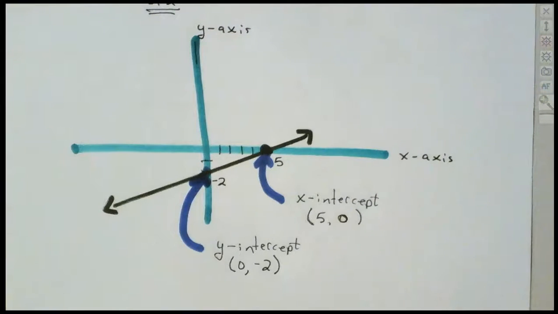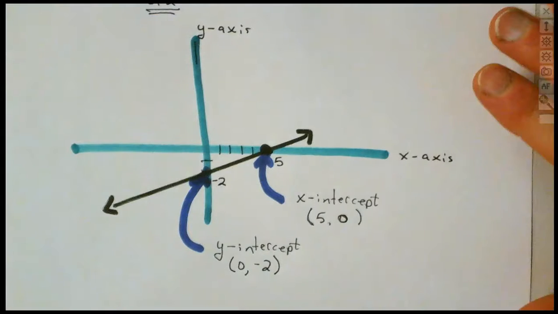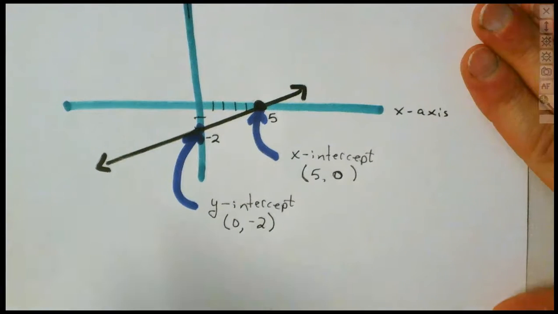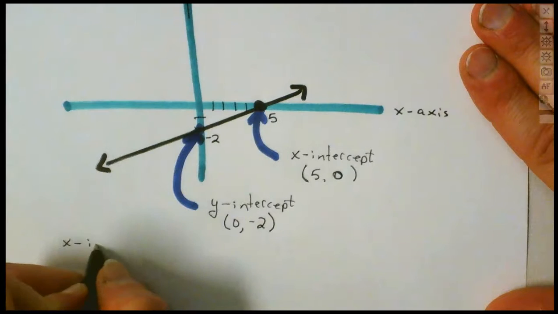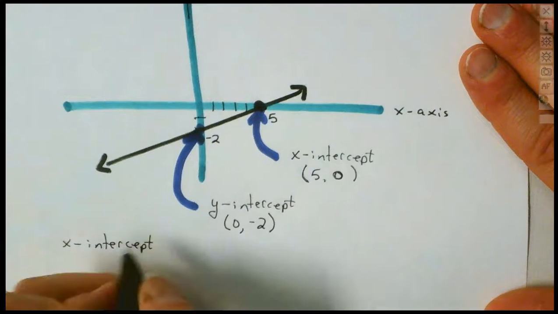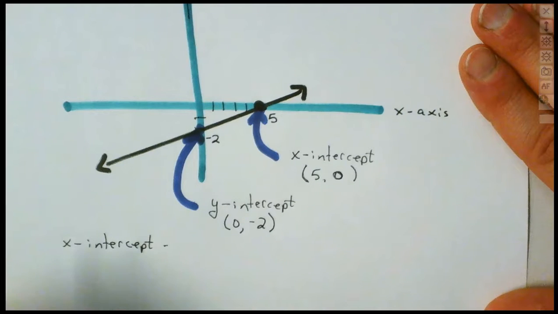And what the intercepts are is where they cross the axis. So the x-intercept is where the line crosses the x-axis. So just so we have the definitions, our x-intercept is where it crosses the x-axis.